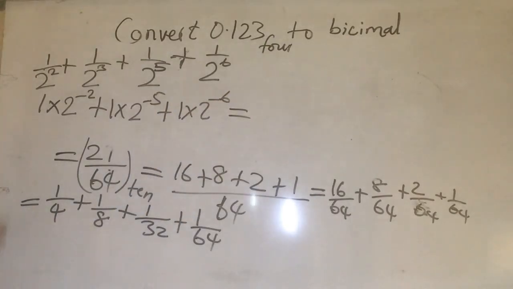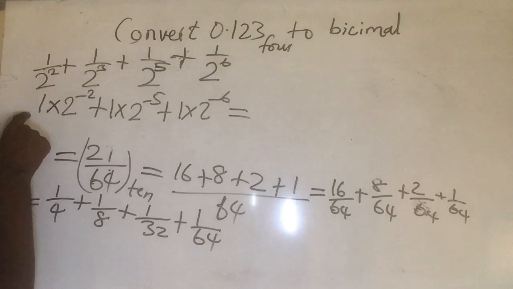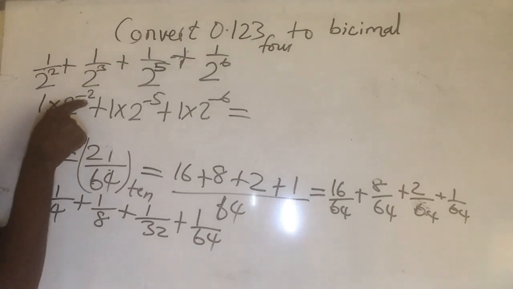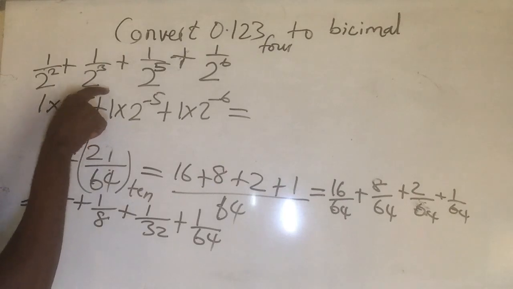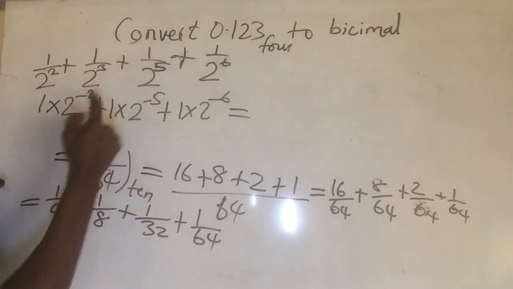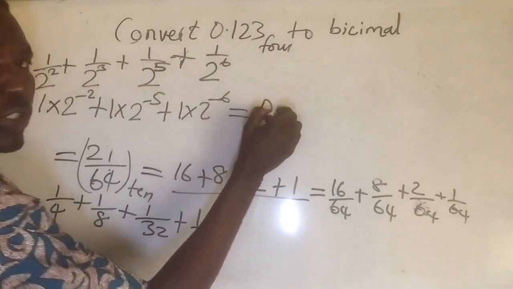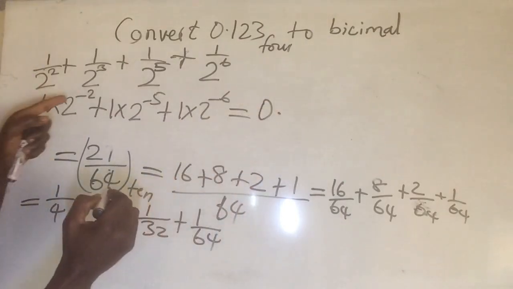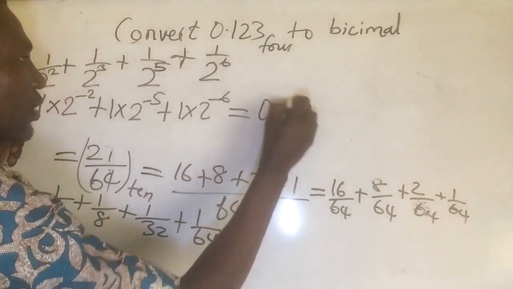From here we can see that the power minus 1 is missing, minus 3 is missing, and minus 4 is missing. So we start writing our number by saying 0 point. The first one, which is missing, is 0.